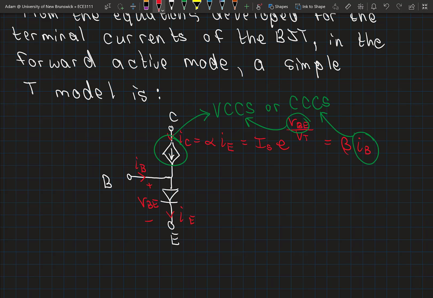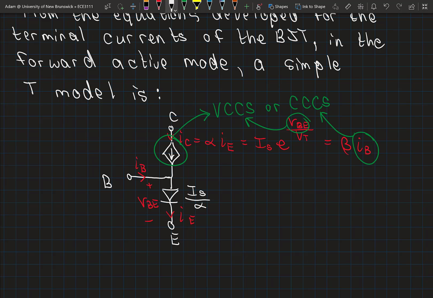This diode that we're representing in the base to emitter circuit, because the current flowing through it is the emitter current, its saturation current is going to be equal to the saturation current shown in the collector circuit divided by alpha, our common base current gain.